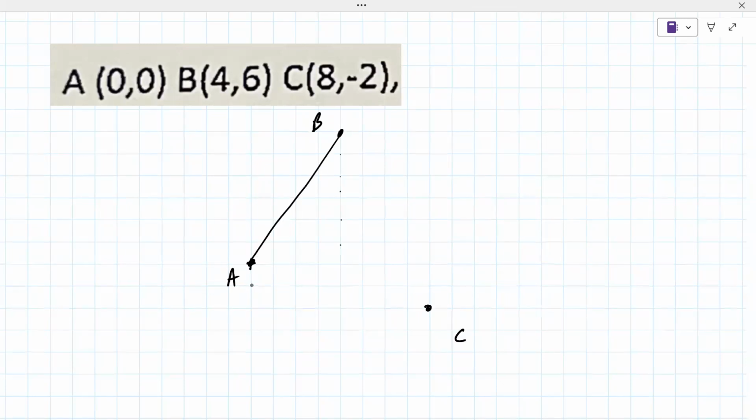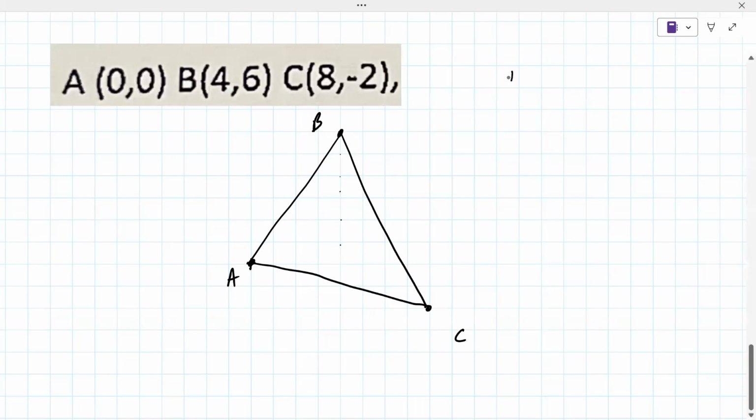Does that kind of look like what you've got for your graph? I need to write the dots. All right, yeah, that looks like what I have.